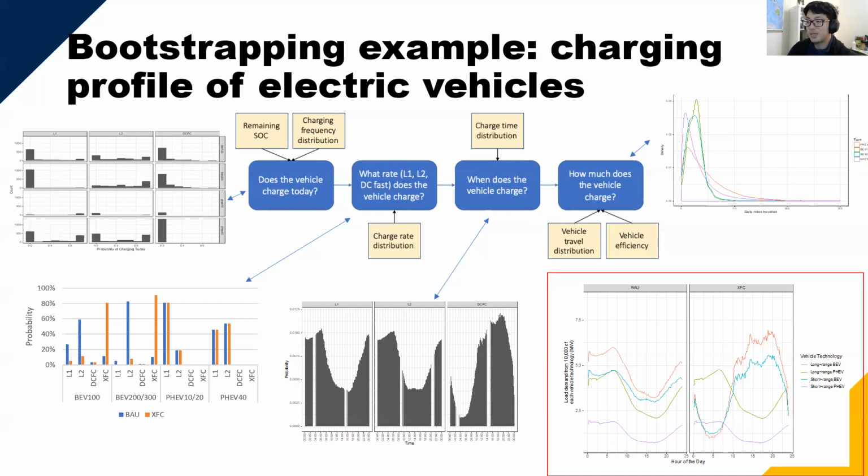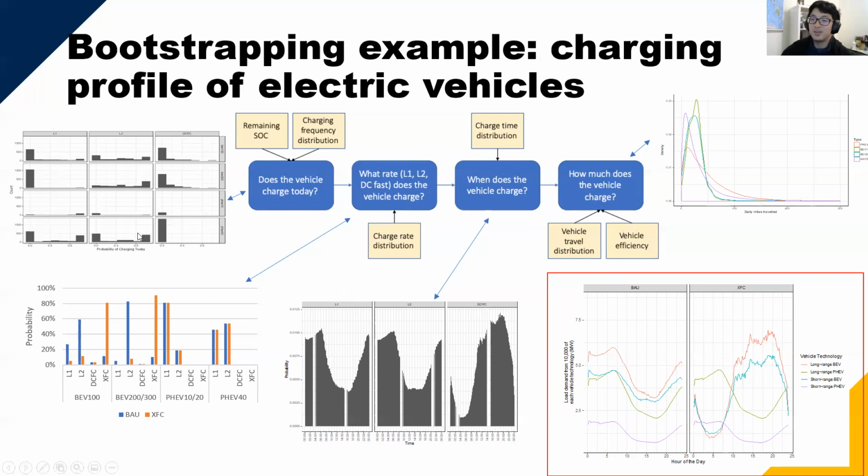I see another question. Is it necessary to distinguish across different models and makes? That's a good question. If I were driving a first generation Leaf where I only have 80 miles, the pattern in which I would charge my vehicle might look really different than if I were driving a 300-mile Tesla.